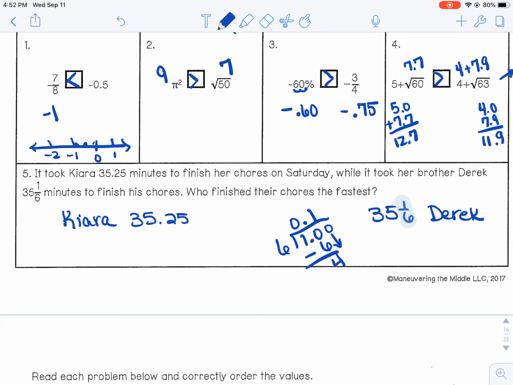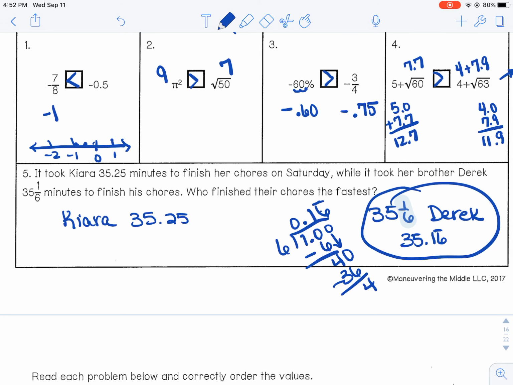I'm going to add that, bring it down, and 6 goes into 40 6 times. And I've done enough at this point to see that my decimal is going to be repeating. So Derek finishes his chores in 35.16 repeating minutes. So who got done the quickest? Yeah, the classes were right. It's Derek.